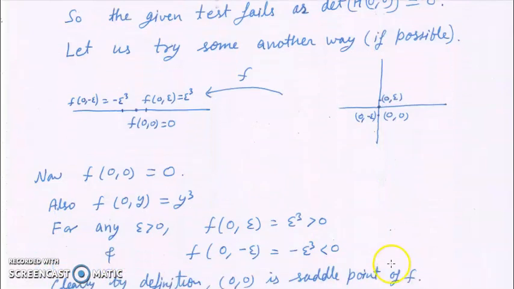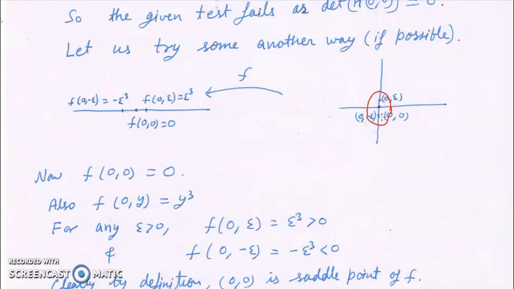So for any epsilon greater than 0, f of 0 epsilon is epsilon cube, and f of 0 minus epsilon is minus epsilon cube. It means if you take any ball around 0, suppose I take a somewhat bigger ball of radius 2 epsilon, then the point 0 epsilon will be inside that ball, and the point 0 minus epsilon will also be inside that ball.